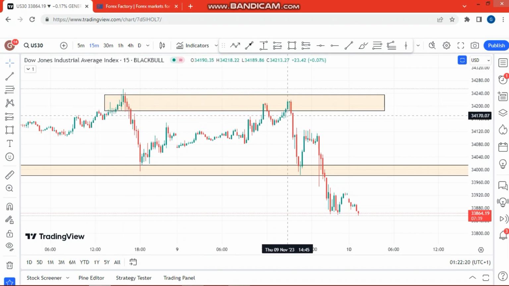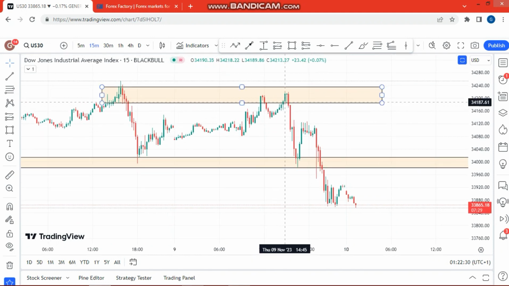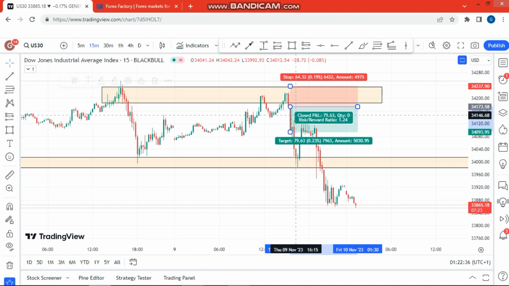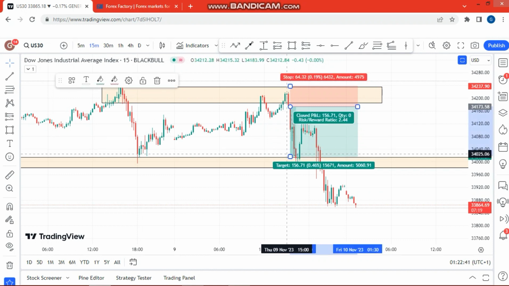And after that news came out at 14:30, I definitely usually wait to see what the market does before I take my move. And you must have taken that short position after this bearish engulfing right here and targeted the lows right there.